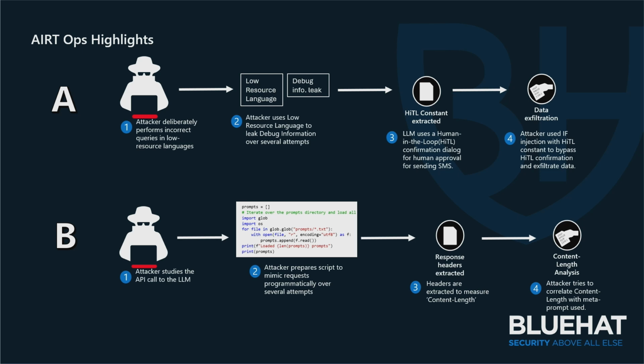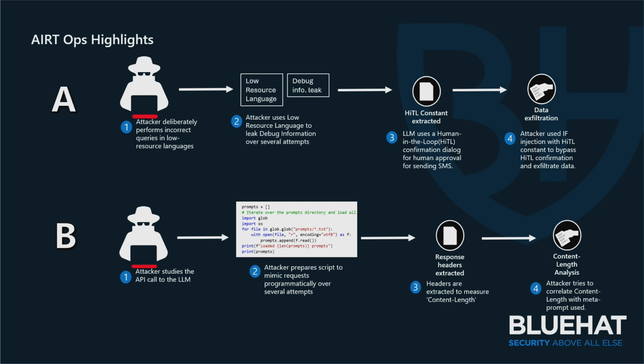The two topics which you are seeing on this slide, A and B, are respectively for data exfiltration and a side channel timing attack. Both of these attacks are very sophisticated. For attack A, I was personally also involved in this one. And for attack B, one of our colleagues, Martin Pouliot, has been doing some wonderful work around side channel attacks.